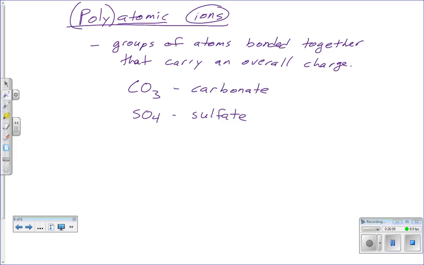And carbonate, before I get too far ahead here, carbonate has an overall charge of -2. Sulfate has an overall charge of -2.